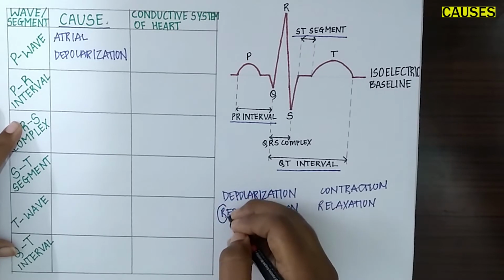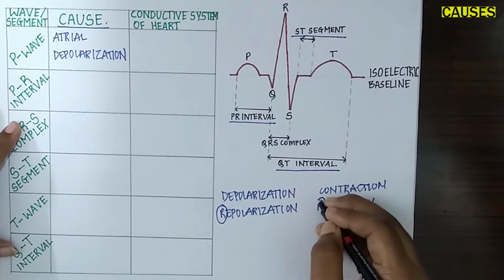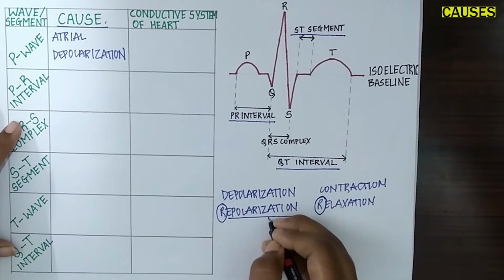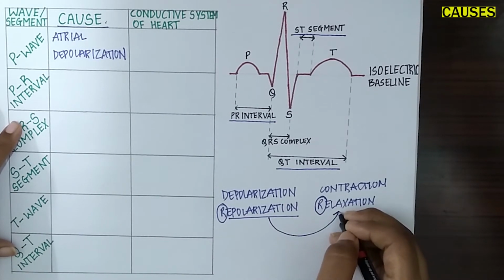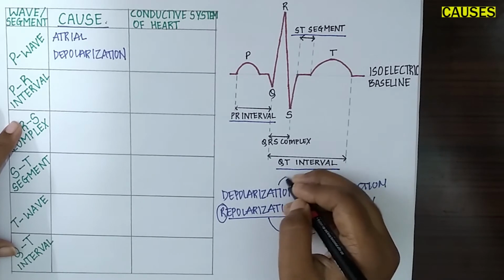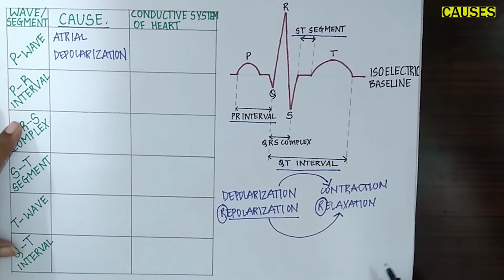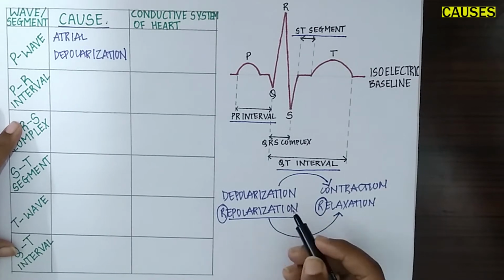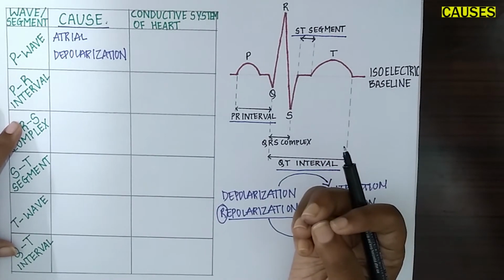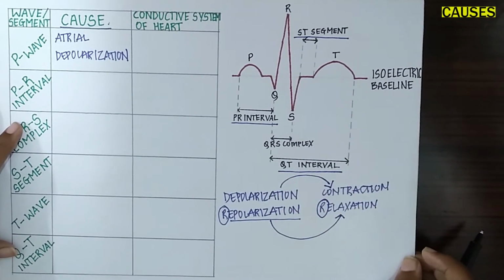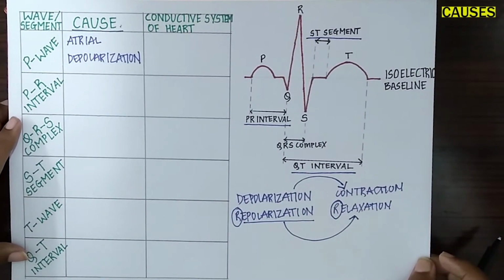So repolarization begins with R and relaxation begins with R. So repolarization corresponds to relaxation of ventricles, depolarization corresponds to the contraction of ventricles. So the term depolarization is used as corresponding to the contraction and repolarization as corresponding to relaxation.